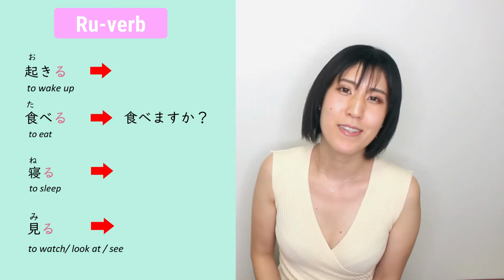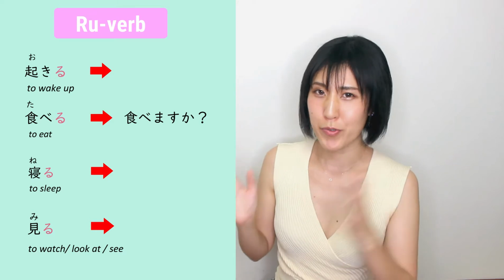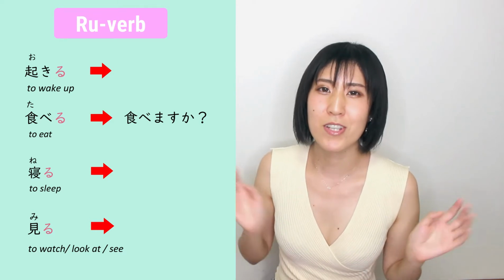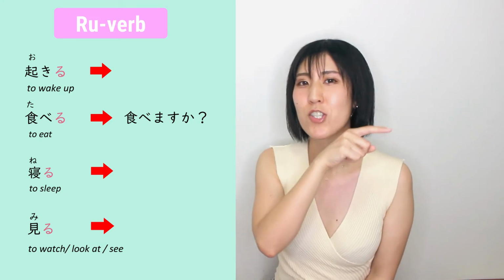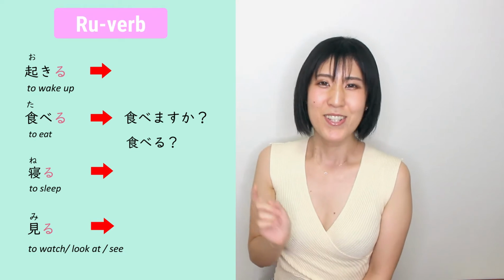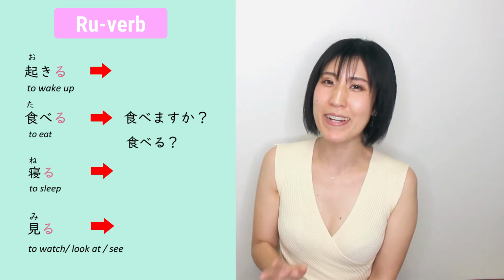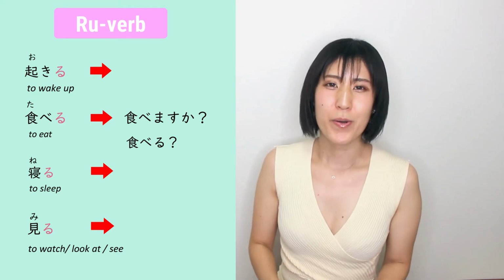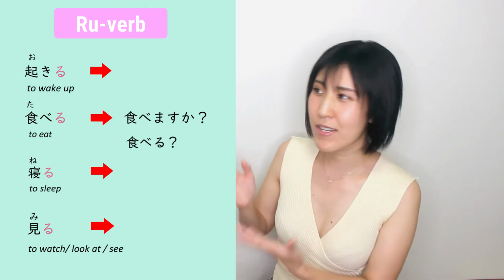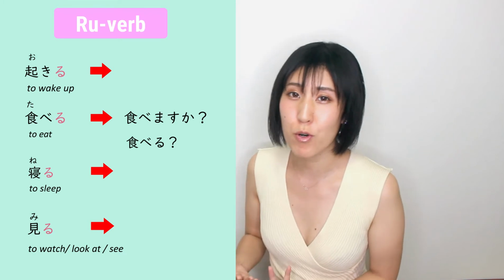Do you eat? But in the casual short form, you don't need to do that. You just raise the intonation at the end, like 食べる? That's it. So casual form is actually a bit easier, but I'm sure you want to learn how to be polite, right? So I'm telling you how to conjugate to masu form first.